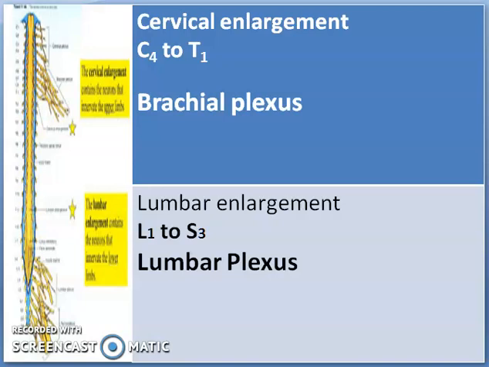In the cervical region, there is cervical enlargement in the region of fourth cervical spinal segment to the first thoracic spinal segment. This region gives attachment to the spinal nerves forming brachial plexus.